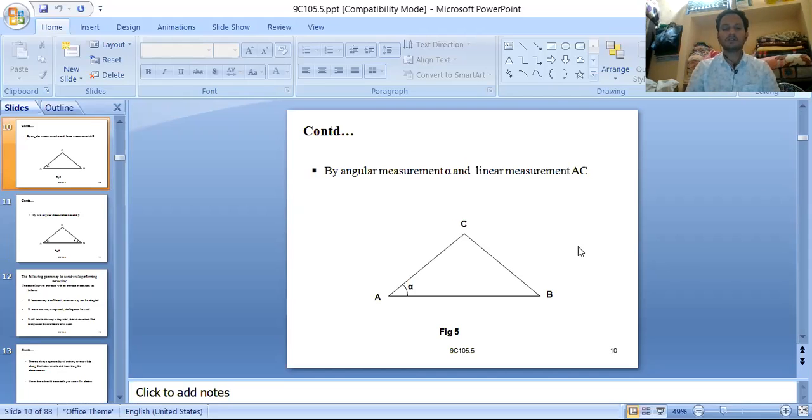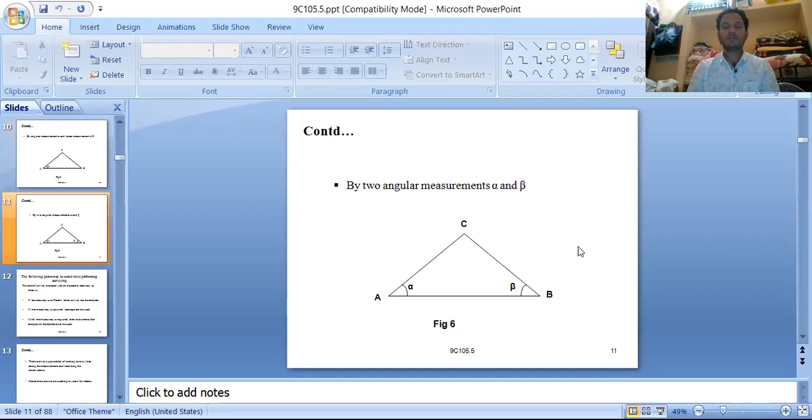Angular measurement is taken from point A and the linear measurement is taken from point B, which is the exact reverse procedure to the previous method. And finally, we have two angular measurements, alpha and beta, by which we can establish new point C from A and B, which are known points. These are the methods by which we will establish new points.